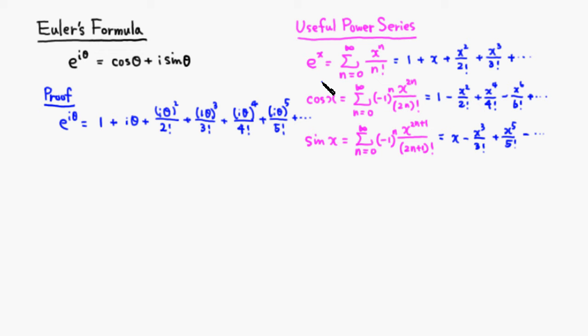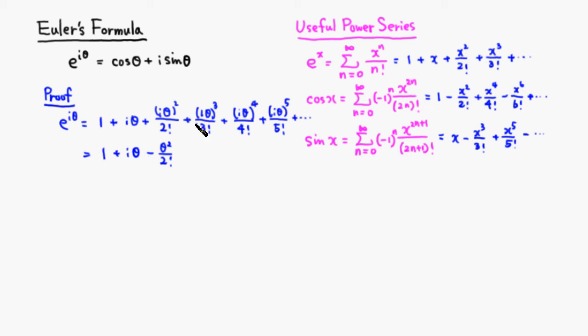So let's simplify this. One is clean enough, and i theta, I like it like that. Then you have i squared theta squared. i squared is -1, so it's going to be minus theta squared over 2 factorial.